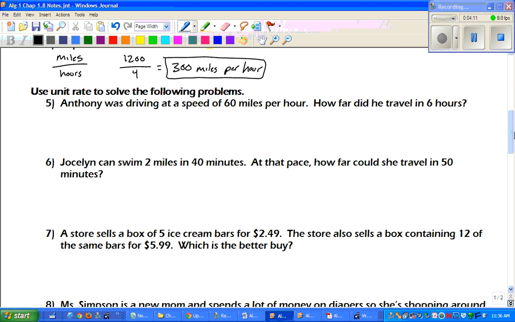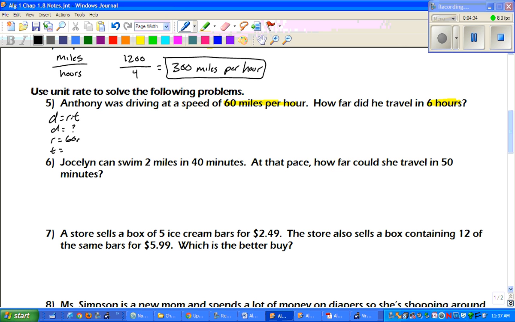Let's go through some more of these problems now. Anthony was driving at a speed of 60 miles per hour. How far did he travel in 6 hours? What they're asking for right now is the distance. Remember, distance equals rate times time. We don't know the distance, but our rate and our time we do know.